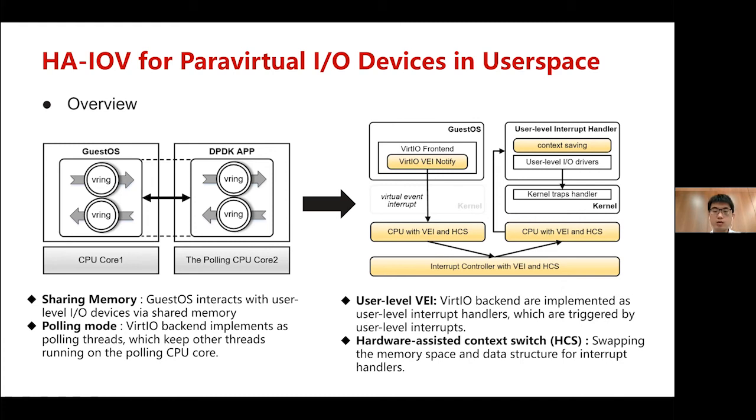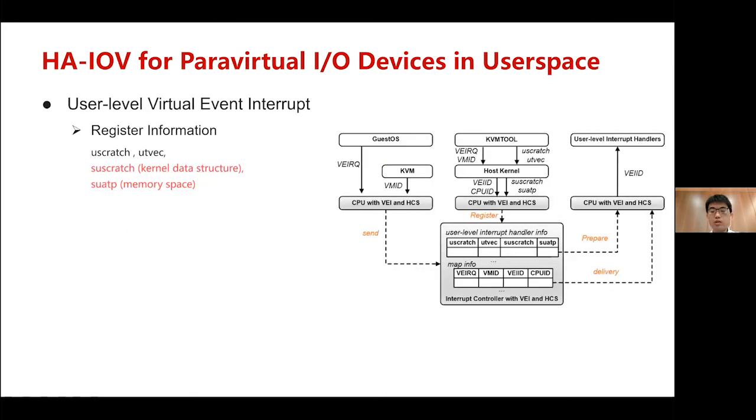Hardware-assisted context switch is thus extended in the CPU and interrupt controller for swapping the memory space and data structure of user-level interrupt handlers, bypassing the kernel. To support the user-level interrupt, the registers, including UScratch, UTVec, SUScratch, and SUATP, should also be provided in the interrupt controller.